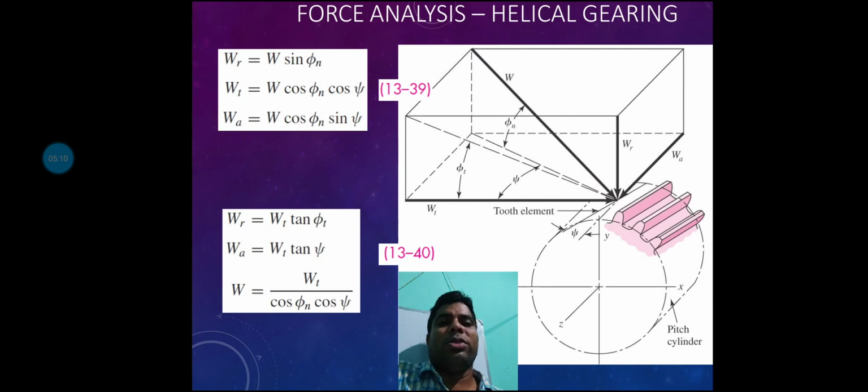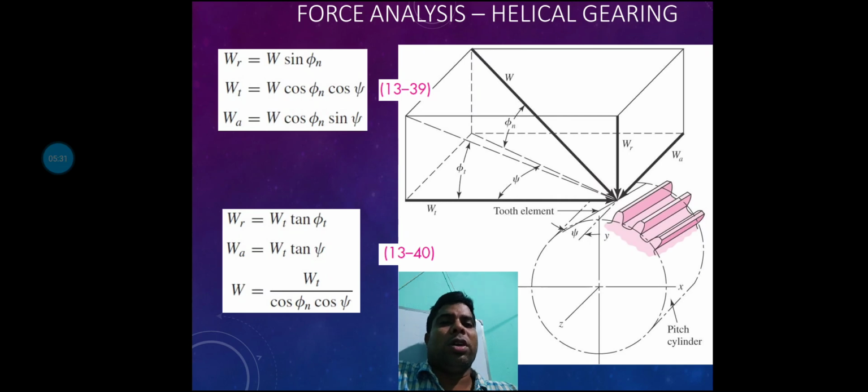Now WR is equal to WT into tan phi t, the tangential angle, and WA is equal to WT into tan psi, and W is equal to WT by cos phi n and cos psi.